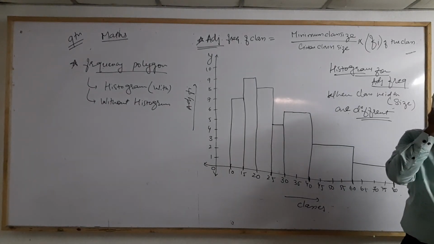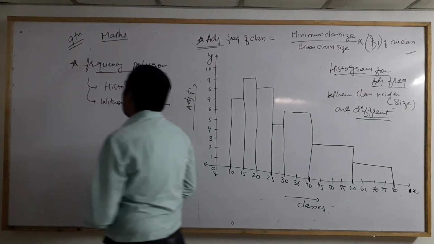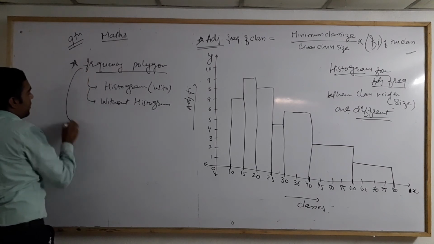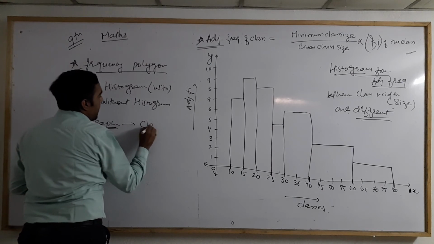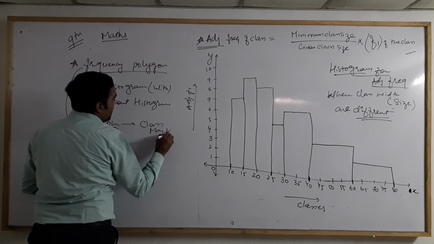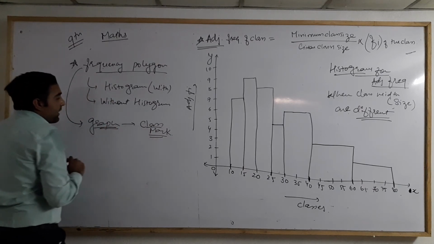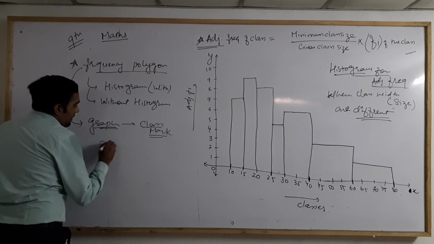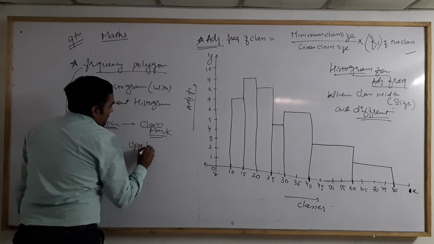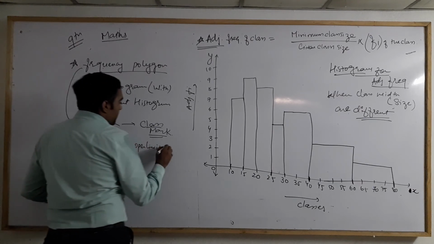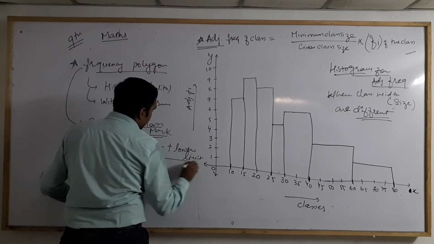We are showing xi, that is the class mark, that I already told you we use for the frequency polygon on the graph. We show the frequency polygon on the graph using the class mark, that is xi equals upper limit plus lower limit divided by 2.